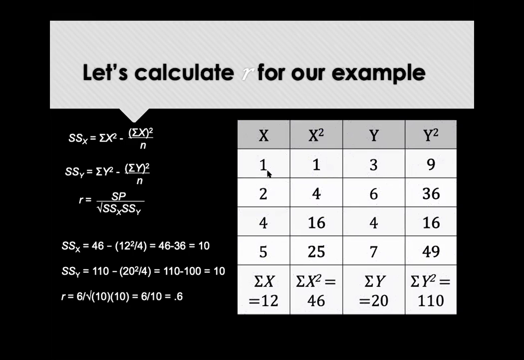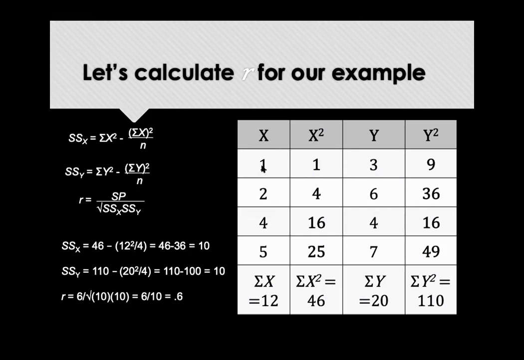So here's our table of data. I've added some columns here. We have our original X values, 1, 2, 4, and 5, and our original Y values. Remember, X is number of classes and Y is the number of hours studying. I added a column for X squared and a column for Y squared so that we can more easily calculate the sum of squares.